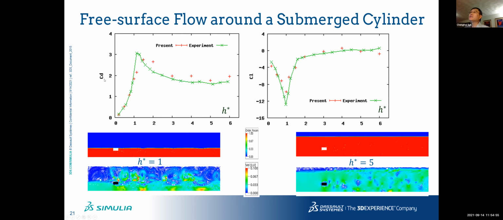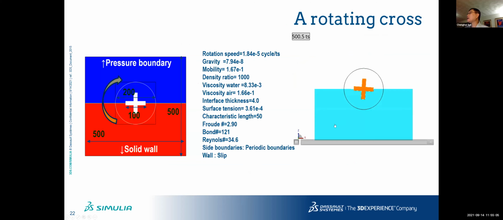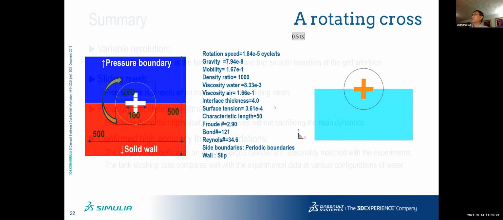We have the drag coefficient and lift coefficient, relatively well compared to the experiment. Then the last one is the rotating cross with the water at the interface. We have a very smooth transition of the fluid interface.